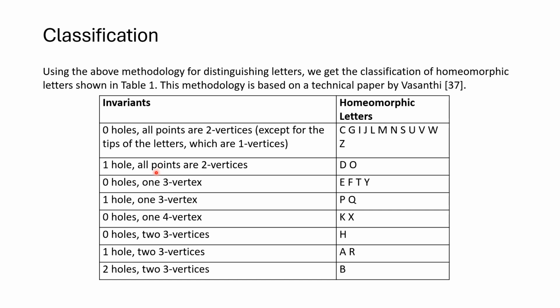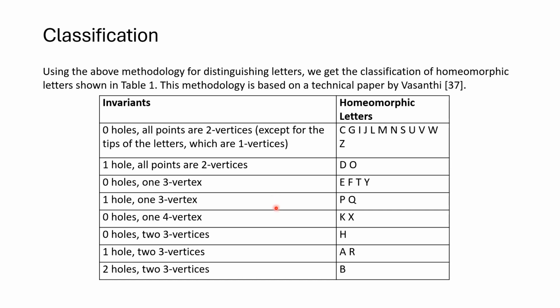Then in the second set, the D and the O, which we've talked about before, have 1 hole and everything else are 2 vertices. Then for the E, F, T, and Y, we have 0 holes, and there's a single 3 vertex. It would be the middle right there in the E. Same thing in the F, the cross here at the top of the T, and then the junction at the Y. So those 4 are classified the same.